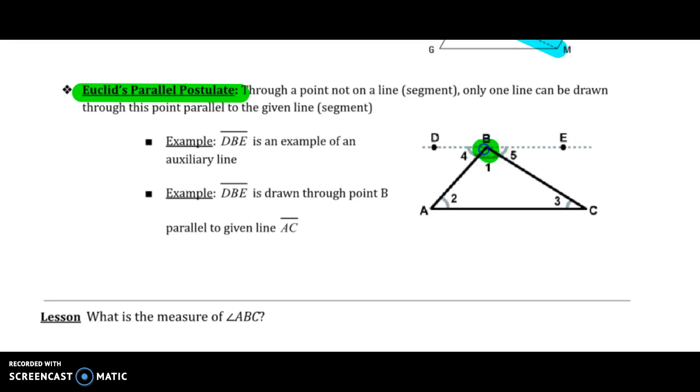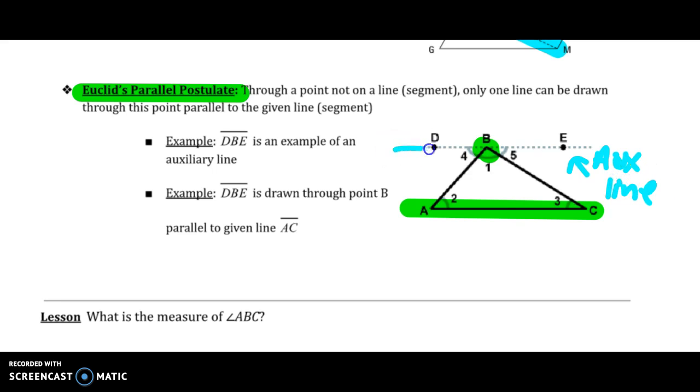So for example, B is a point not on the line AC. Only one line can be drawn through that point B that is parallel to the given line AC. So notice that we have a dashed auxiliary line.